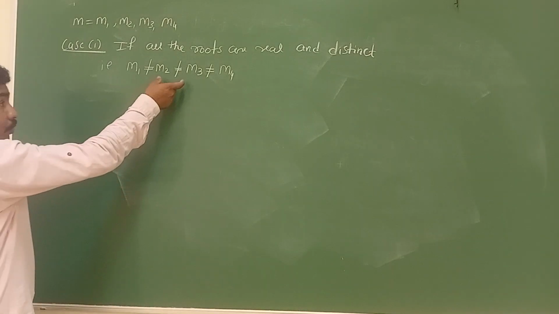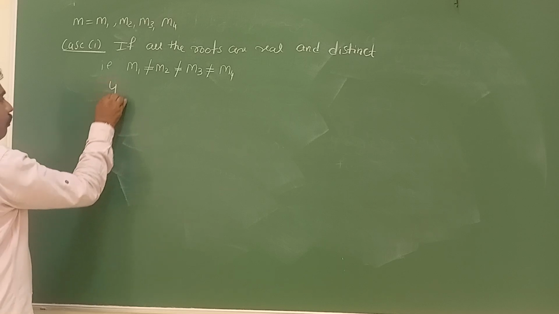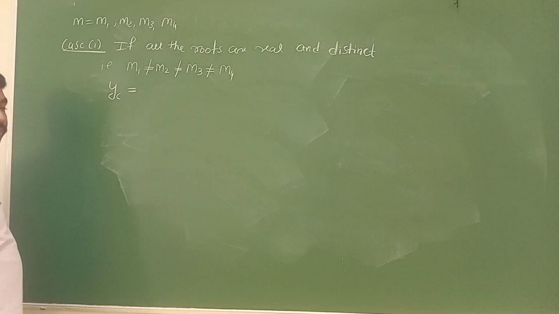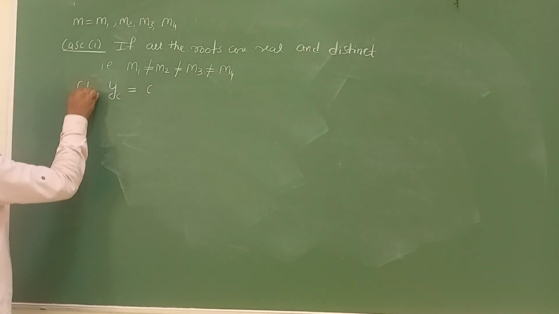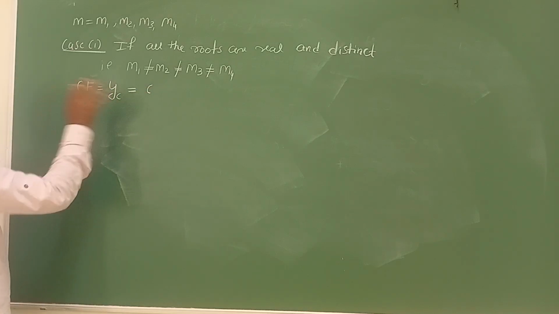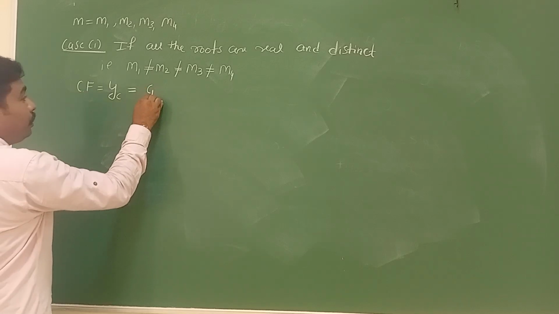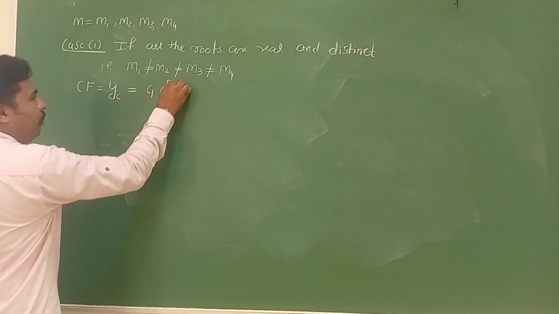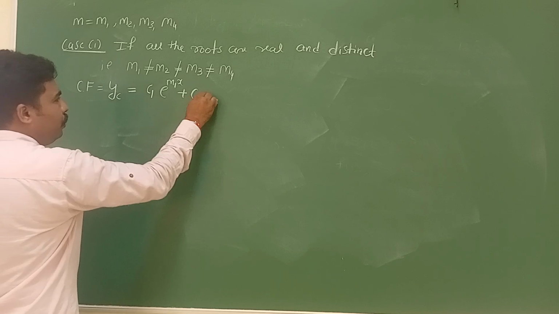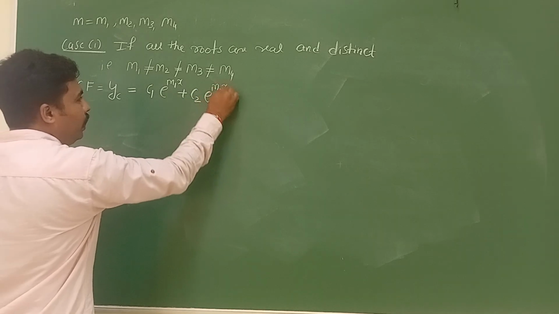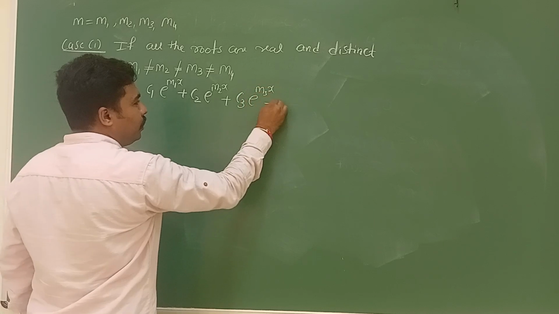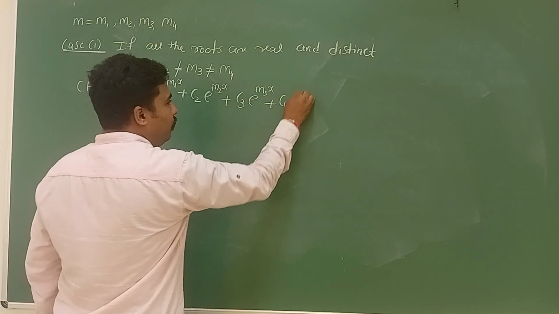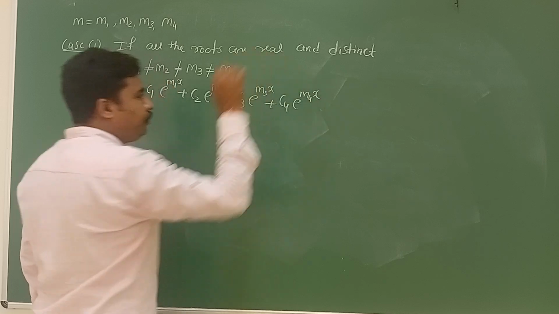When we have such roots, we write the complementary function, let it be yc. Some textbooks write CF also, both are the same, CF and yc. yc equals c1 e power m1x plus c2 e power m2x plus c3 e power m3x plus c4 e power m4x.